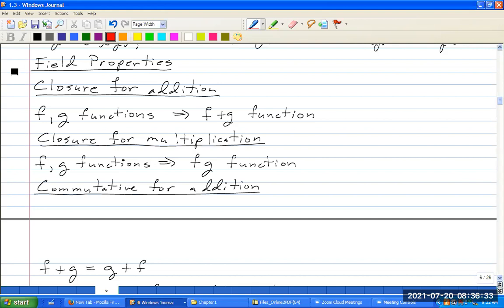Okay, so field properties. It turns out that these operations that I've defined will make these functions satisfy the same properties that the rational numbers satisfy. So they sort of act like rational functions, and that's why we are able to discuss rational functions.